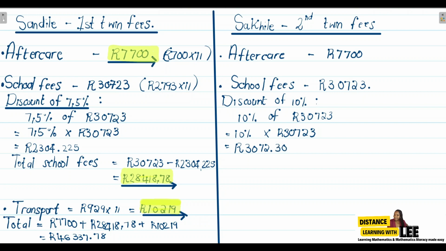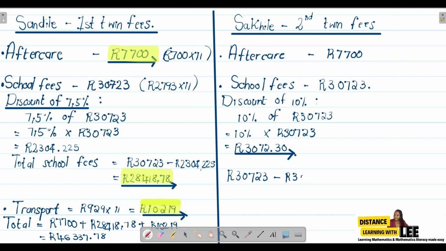So that is the discount that Usakhile got on his school fees. If you take that 30,723 rand and minus the 3,072 rand and 30 cents, you'll find that he pays 27,650.70.